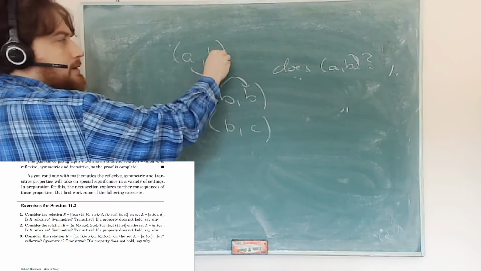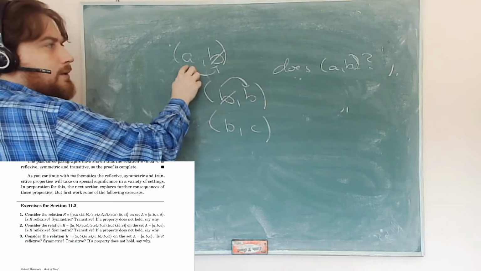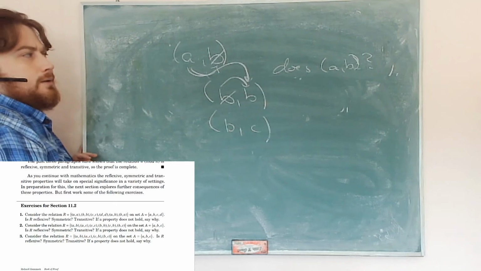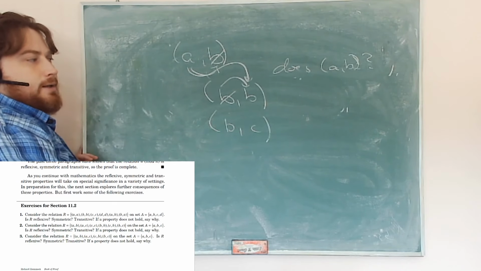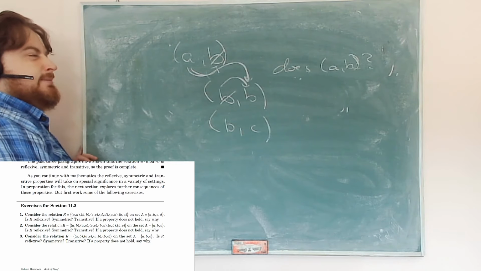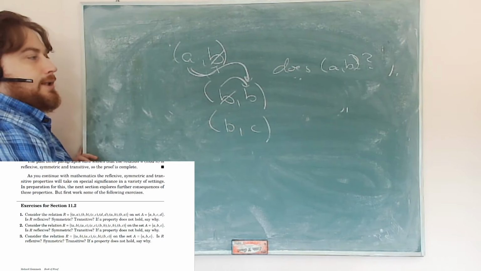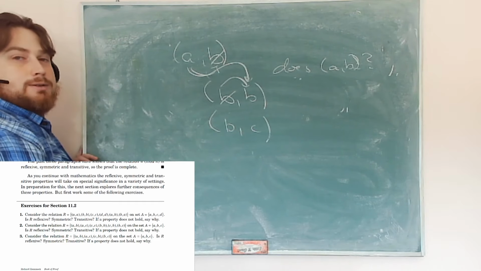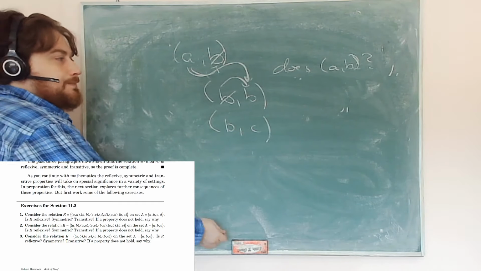That is, instead of using this one and this one, I go directly from here to the second part here. And notice that the element AB is indeed in the set. So this will be transitive for this one. But we can't just do it for one, we have to do it for all of them.